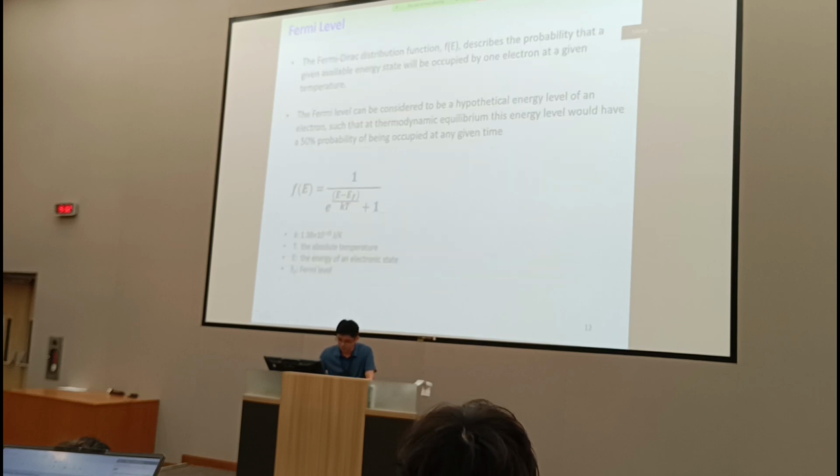So for example, this is the conduction band, this is the Fermi level, and this is the valence band. If the gap is very big, this delta E is very big, and that will reduce the value of the Fermi-Dirac function, so that reduces the probability.